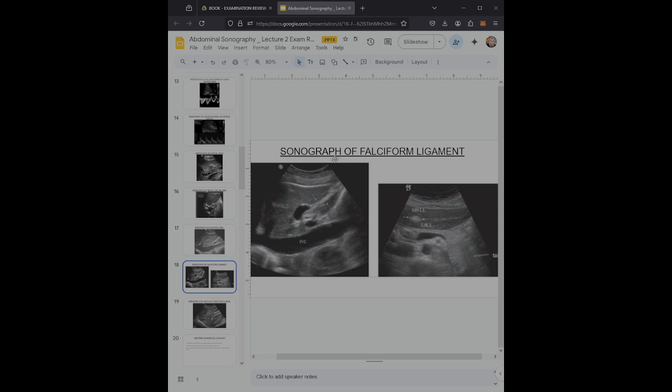So we can also get a sonogram with a falciform ligament, and we can see it in sagittal as well as transverse. In the sagittal image, right here, we can see the falciform ligament between these arrows here.